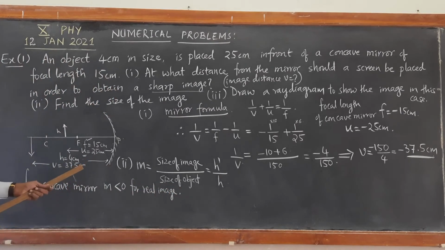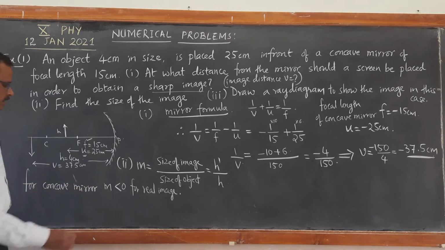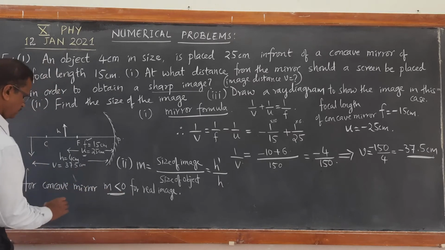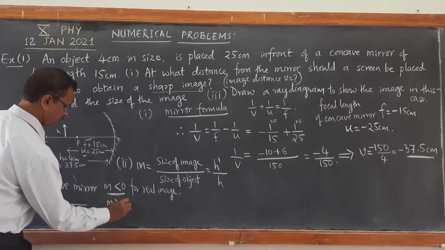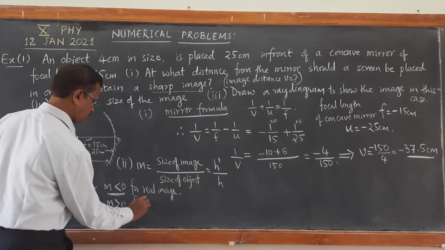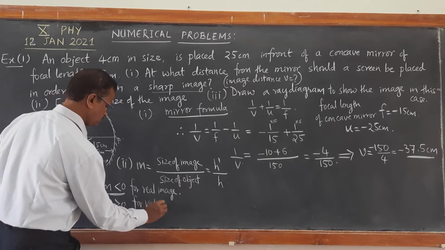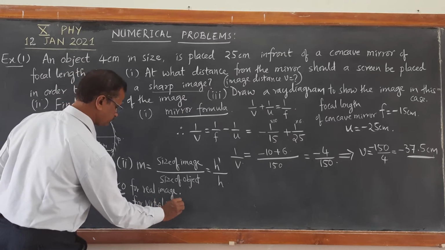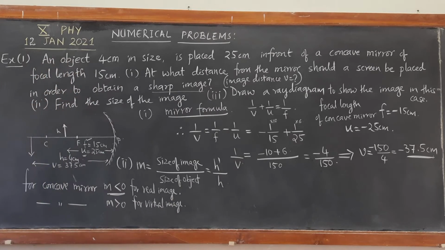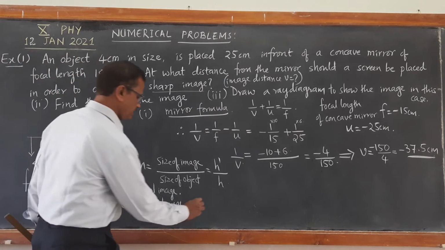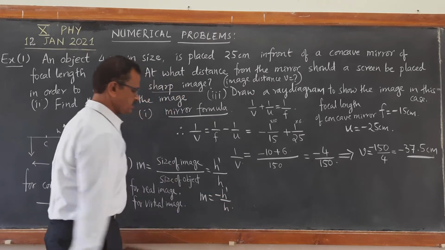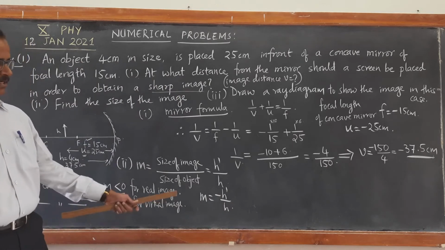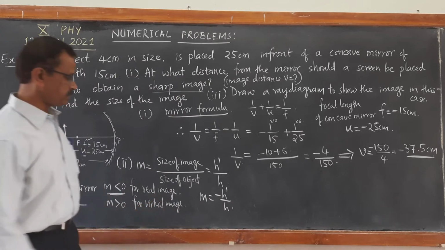Since it is forming a real image, we have to take M to be negative. And for the same concave mirror, M is positive for a virtual image. Therefore, here we have to take M to be negative. So M is equal to minus h dash by h is the magnification for a real image.